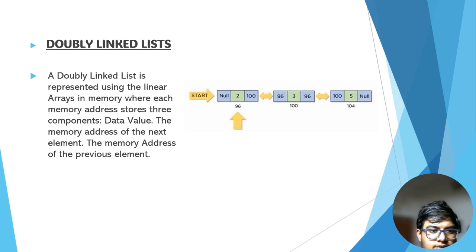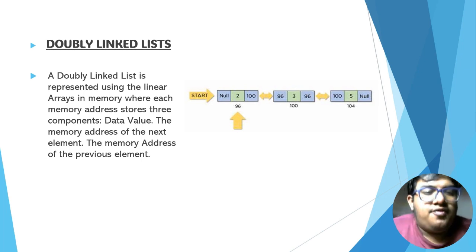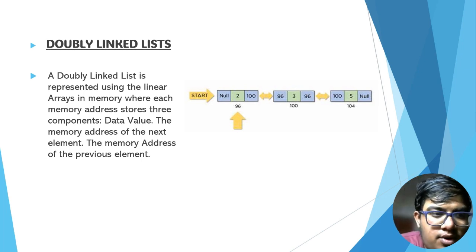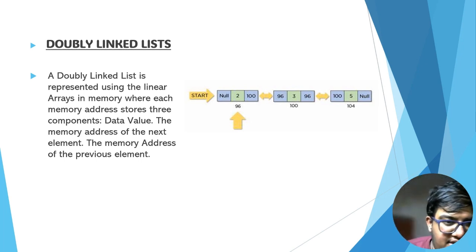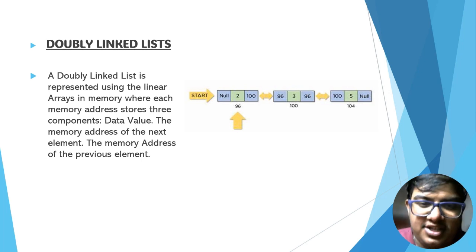This is not exactly like this, to explain, I tried to tell this. If you take it in form of an array, as you can see, there will be three blocks: the first block, the middle block and the last block. So for the sake of explanation I have mentioned it as an array.